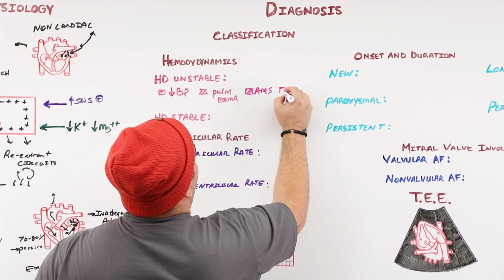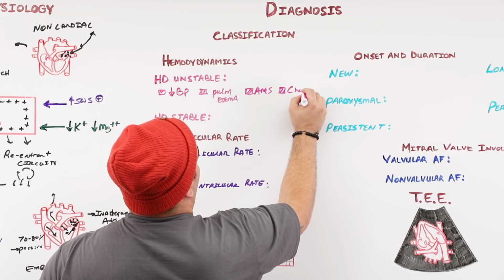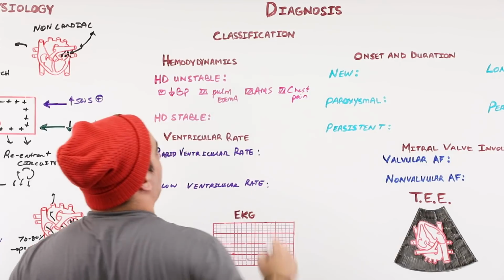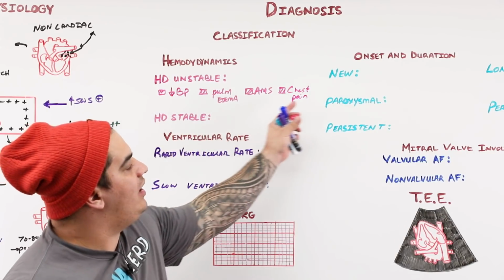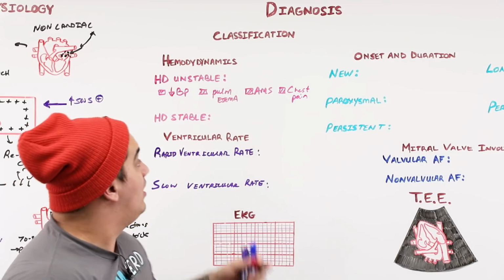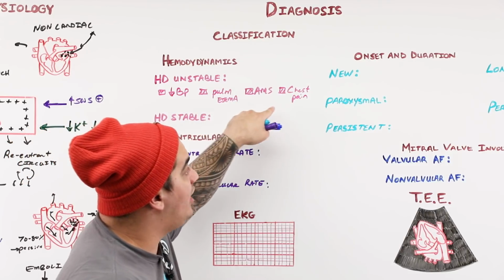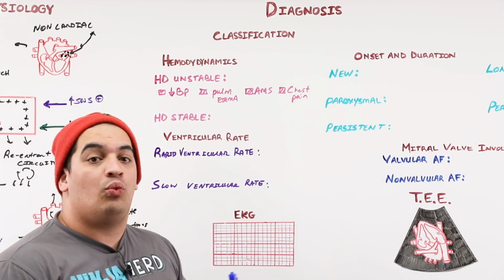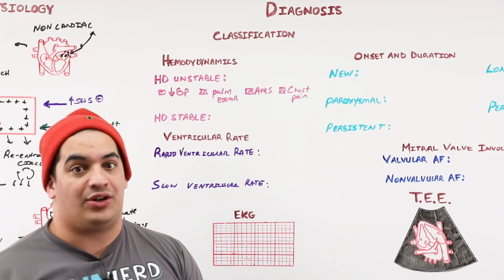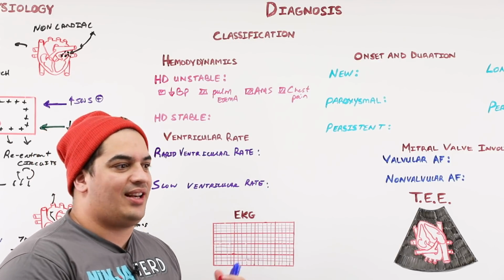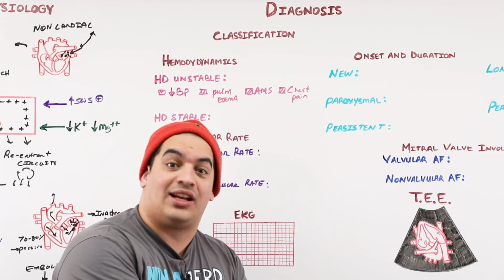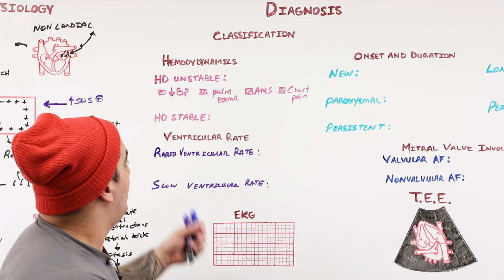Or lastly, they have severe chest pain. So these are things to think about. If a person has any of these, such as hypotension, pulmonary edema, altered mental status, or chest pain, we call that hemodynamically unstable atrial fibrillation. And usually those patients get fit into a category of electrical cardioversion of some type.